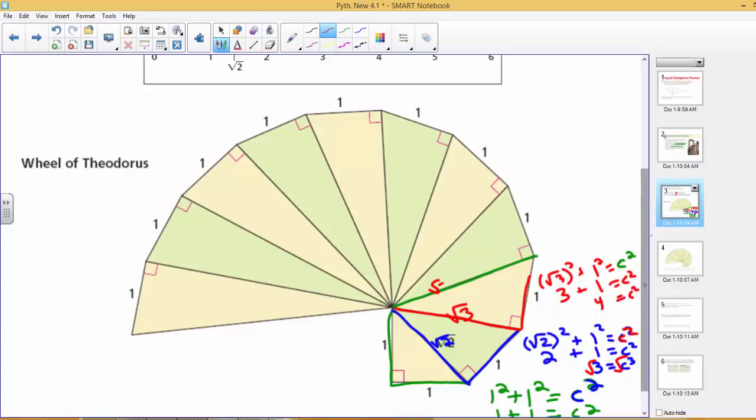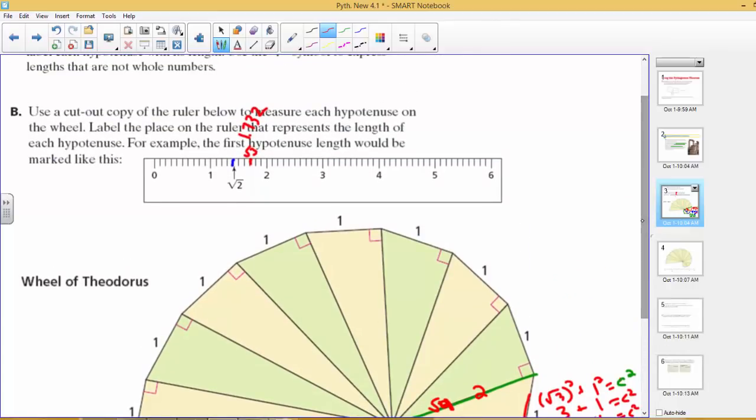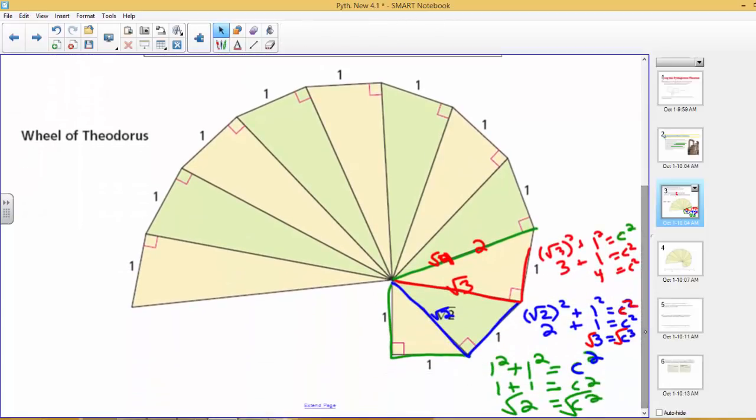The square root of 4 is the whole number 2, so under 2, you can put square root of 4 because that is 2. And then you have the square root of 4 and 1 giving you this hypotenuse.